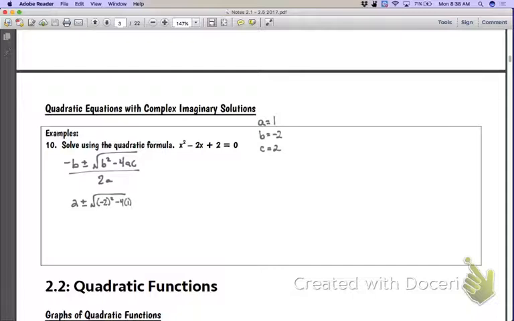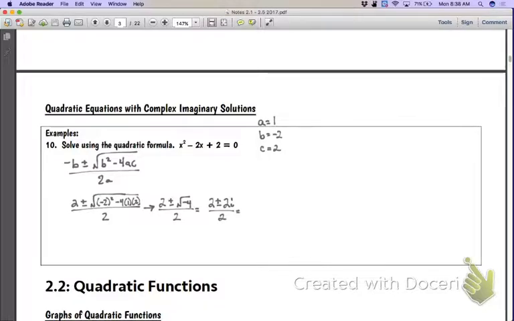Then negative 4 times 1 times 2 all over 2A, which is just going to be 2. So 2 plus or minus, inside the radical is going to be a negative 4, all over 2. So I'm going to have 2 plus or minus 2I over 2.